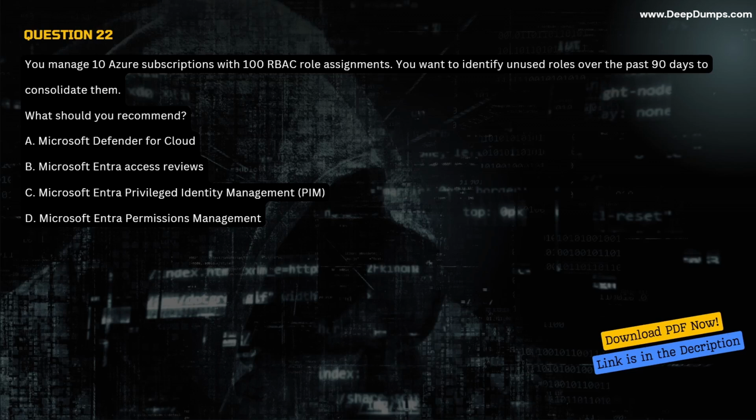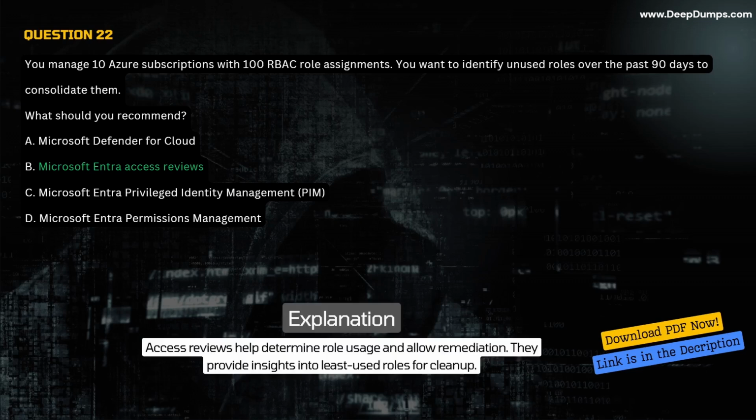C. Microsoft Entra Privileged Identity Management, PIM. D. Microsoft Entra Permissions Management. Correct answer B. Microsoft Entra Access Reviews. Explanation. Access reviews help determine role usage and allow remediation. They provide insights into least used roles for cleanup.